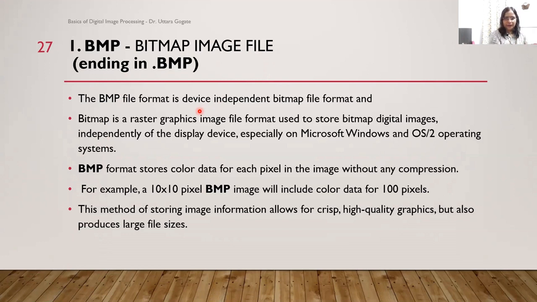Whatever the capturing device has captured, you have stored it. So it is without any compression, and it requires high storage space. This method stores image information for crisp, high quality graphics, but also produces large file sizes.